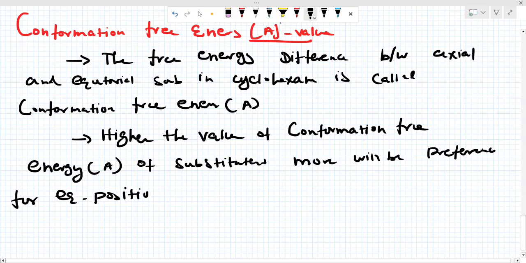Therefore, the higher the A value, that group will always occupy the equatorial position. Now see, I give you some examples, very, very important.